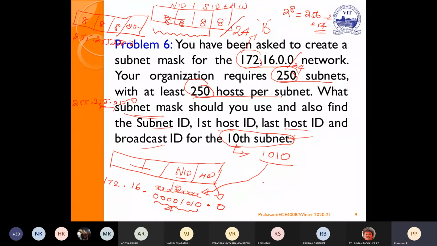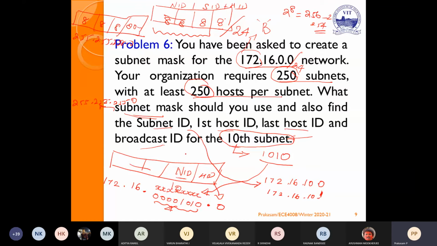So the 10th subnet ID is 172.16.10.0. First host ID is plus 1, so 172.16.10.1.